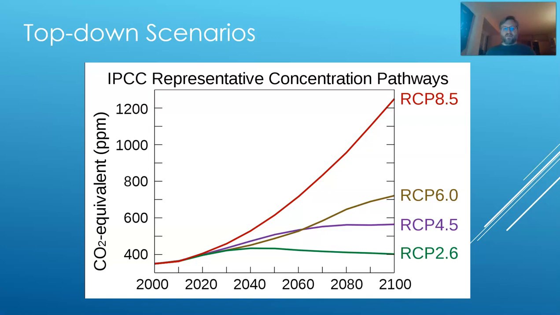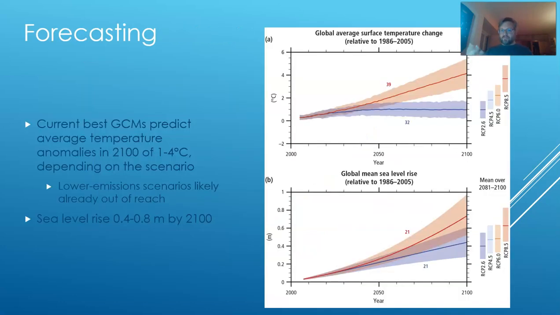What would we have to do over the course of this century to get to that radiative forcing by 2100? Okay, so again, key thing here, top-down scenarios, we started with a radiative forcing that we wanted to get to at the end, and then we worked backwards to figure out what might happen in our world that would get us there. Then again, we can feed these into our models to get some forecasts of our future.